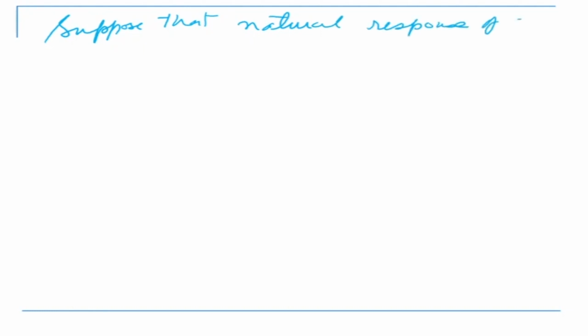Suppose I give a push and leave the mass, but it doesn't go to the position that I want it to go. What we did was a natural response, because f was equal to 0. Suppose the natural response of our system is not what we want it to be.